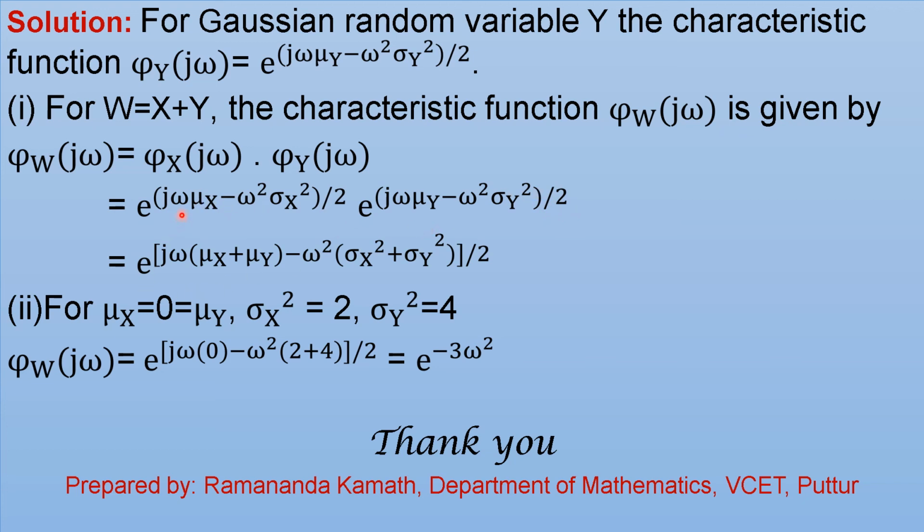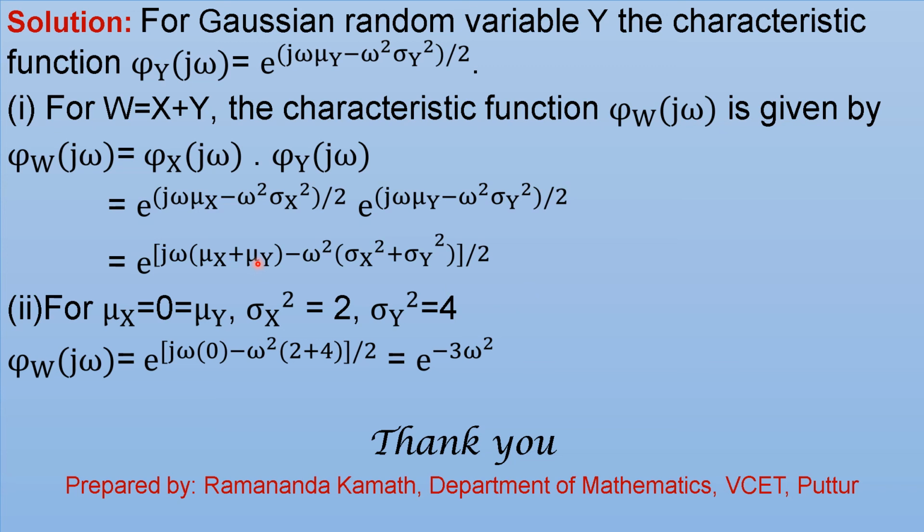E power j omega mu x plus j omega mu y, which will be j omega into mu x plus mu y, then minus omega square sigma x square minus omega square sigma y square, which is omega square into sigma x square plus sigma y square, with the common denominator 2 divided by 2. So this is the characteristic function of the sum w.